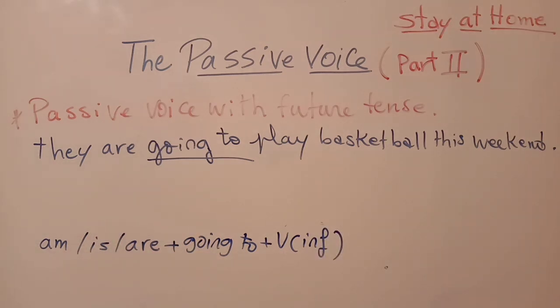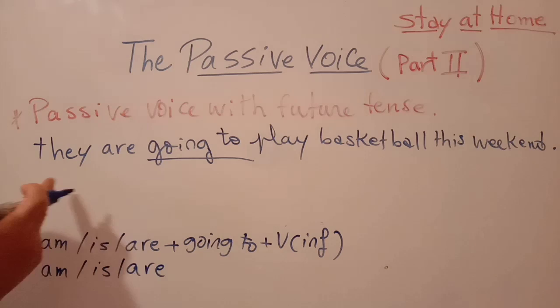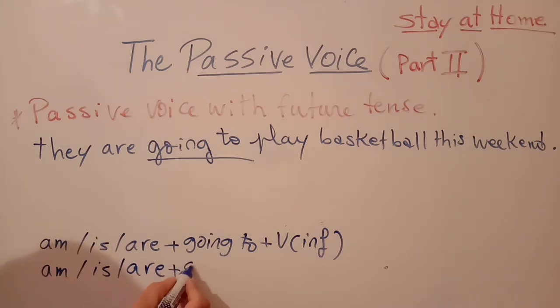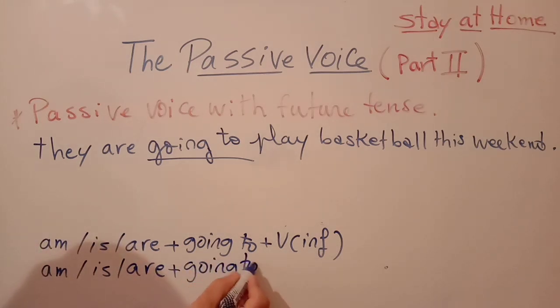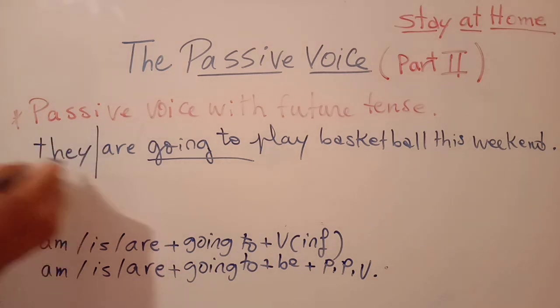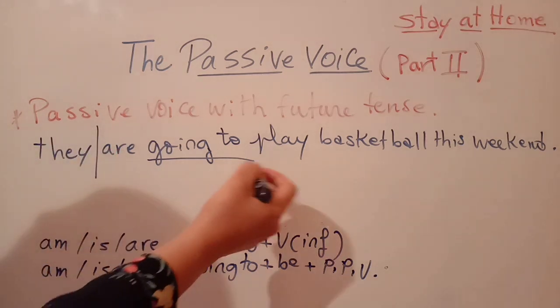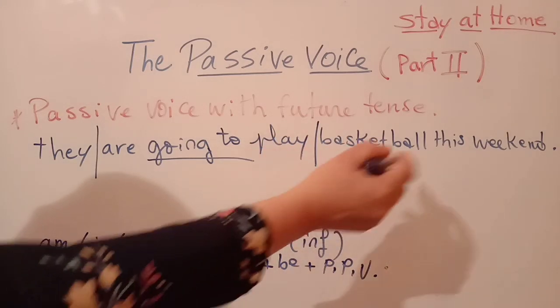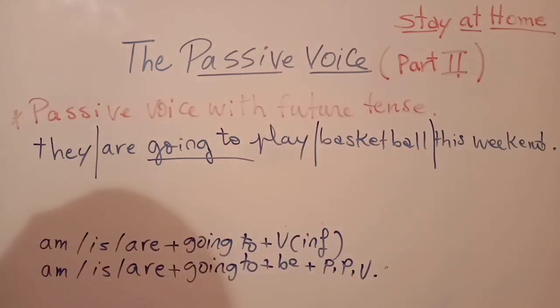When the sentence is passive, it becomes either am or is or are, it depends on the subject, plus going to plus be plus past participle of the verb. So let's apply the form. Okay? Let's identify the parts of the sentence first. They is subject, are going to play verb, and then the object is basketball.